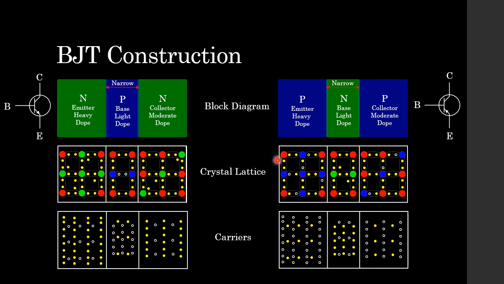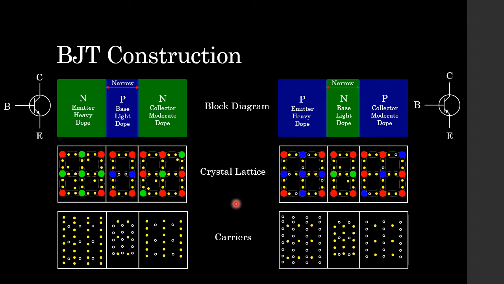Now same thing in the crystal lattice for our PNP, except it's just reversed in that the P region has majority carriers of holes, the N region here, which is our base, has majority carriers of free electrons, and the collector region, which is also a P region, has majority carriers which are holes.